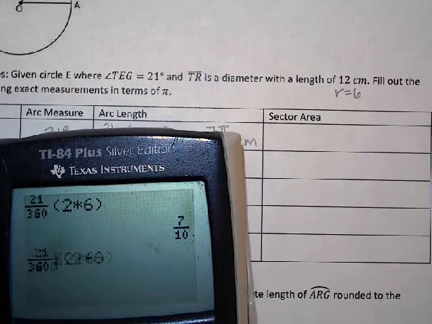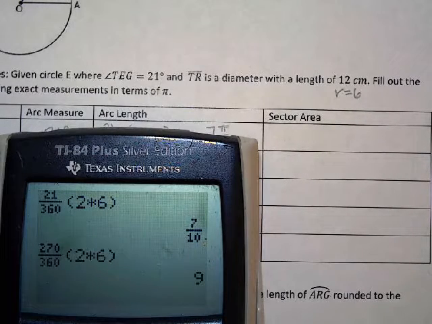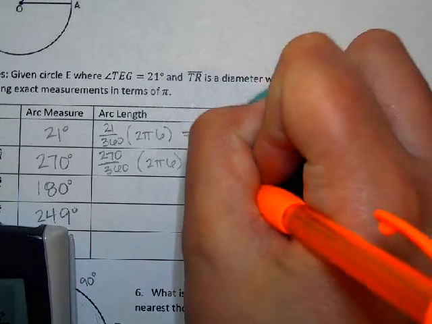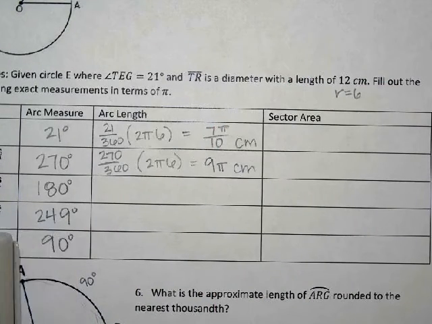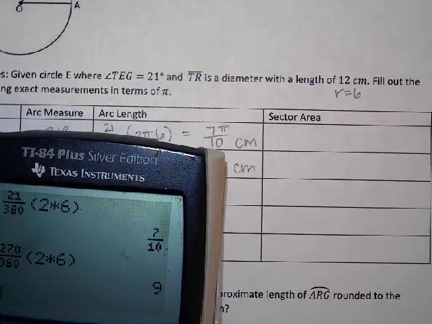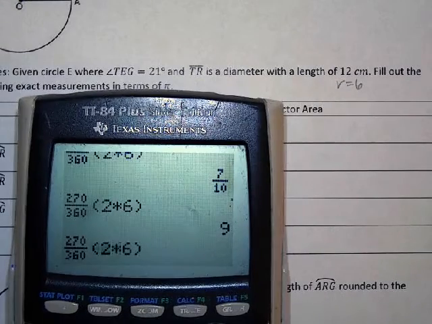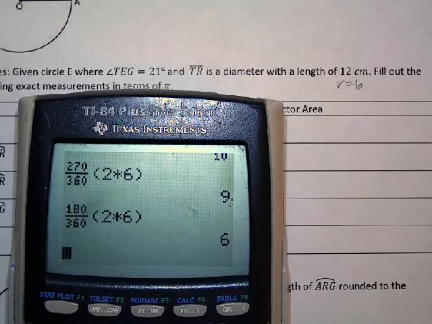So 270 over 360. Okay, so that one's just going to be 9 pi centimeters. Okay, and then we have 180 over 360. All right, this one is 6 pi.